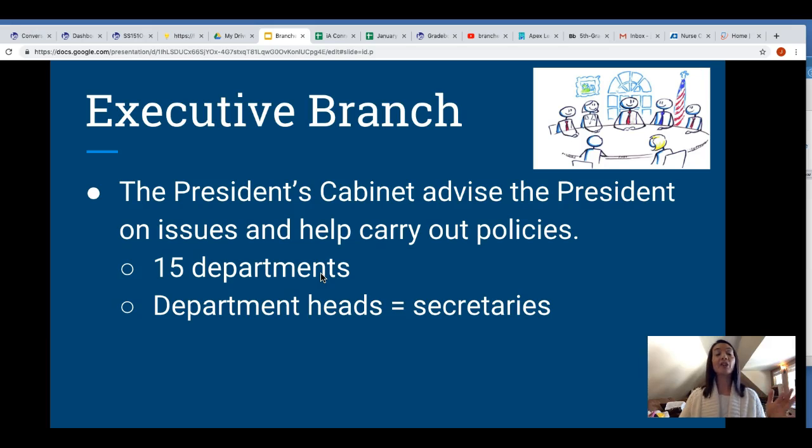So if you're in charge of these different departments, you're called a secretary, okay, which actually holds a lot of power. I think sometimes we think that, say, like a secretary in a business or even a school, they don't have power like a president, a principal, or a CEO. But in this case, the president's cabinet, they're called secretary of, and then their department.